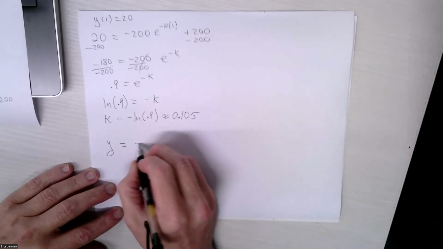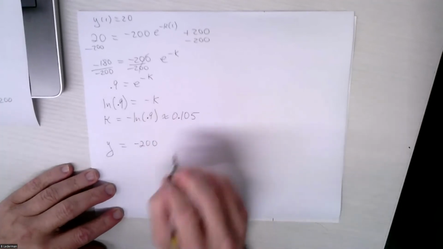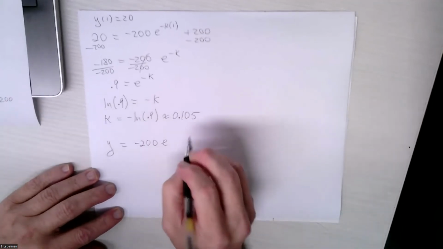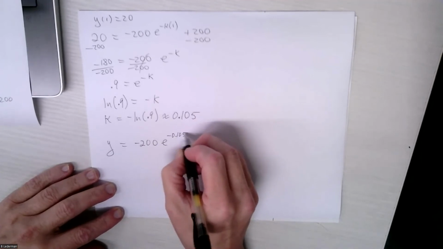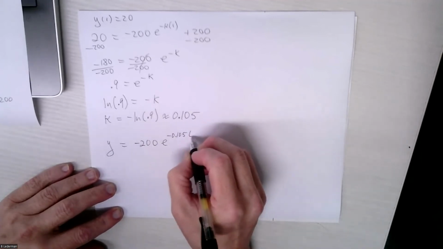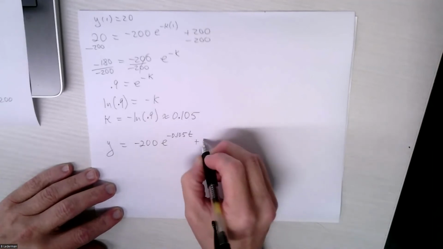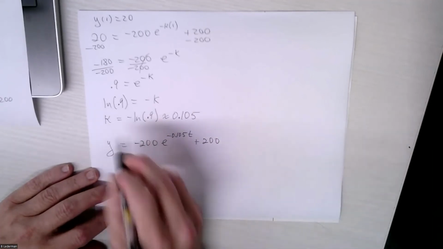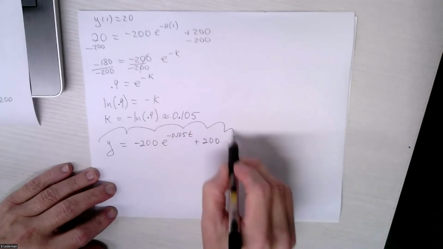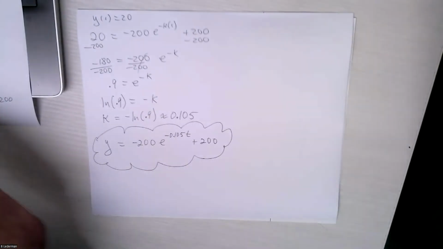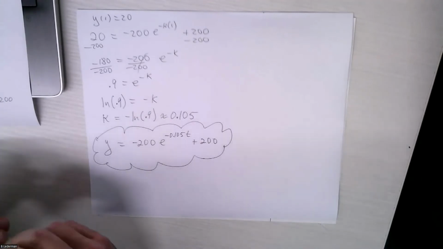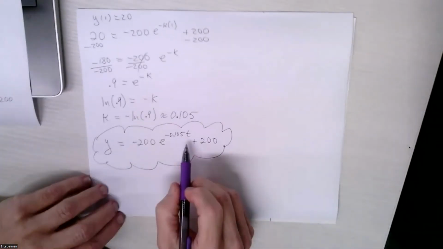Okay, so now my equation is, drumroll please, y equals negative 200 e to the negative 0.105 t plus 200. Now to solve the problem that we had before: what's going to be after 9 years? All I have to do is plug in 9.